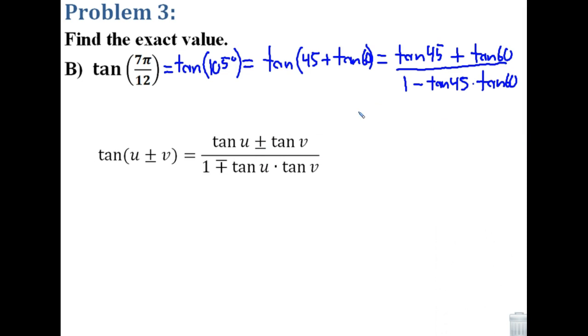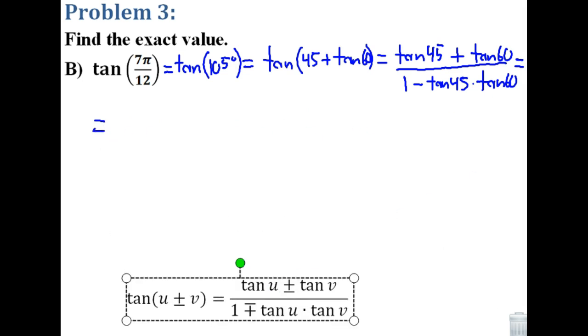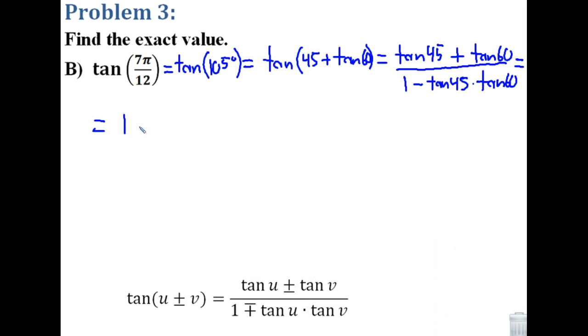Okay, we can evaluate each of these parts here. So I'm just going to go over here. This one won't take up quite as much room as the last problem. Tangent 45 is just a 1 once again. Tangent 60 is a root 3 if I use my special right triangles. Root 3 over 1, which we'll just call a root 3, so no extra fractions in the numerator.